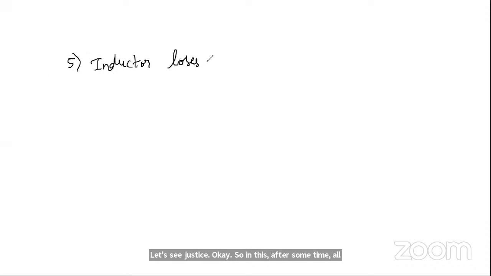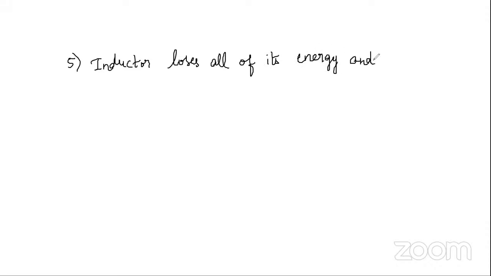In this scenario, after some time, the inductor loses all of its energy and current becomes zero.